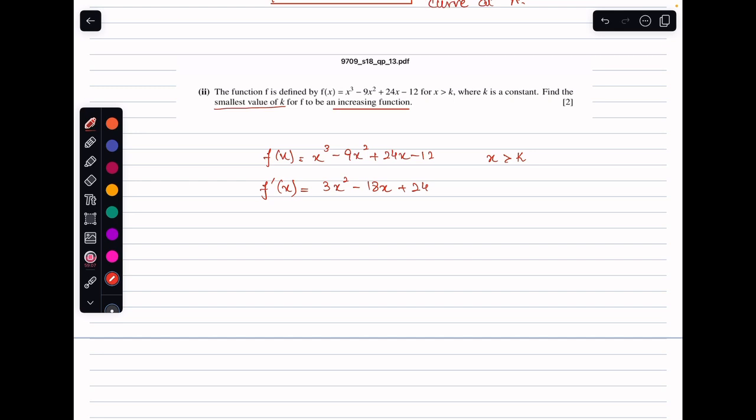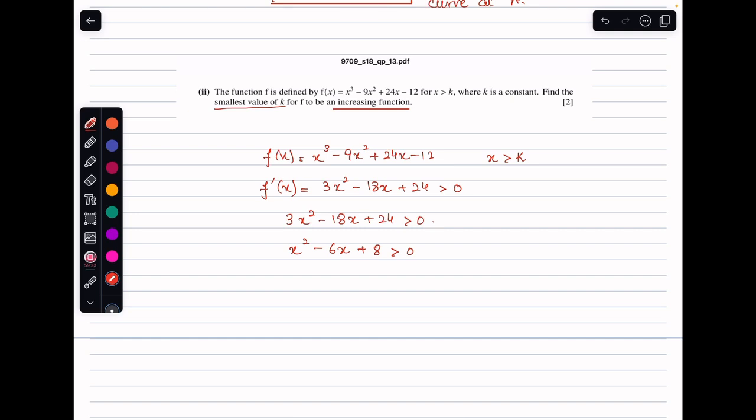F prime x equals 3x square minus 18x plus 24, and as it is an increasing function, this should be greater than 0. So 3x square minus 18x plus 24 to be greater than 0. 3 can be taken common, so that I am left here with x square minus 6x plus 8, and this needs to be greater than 0.